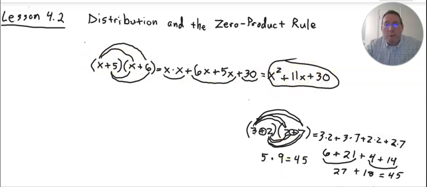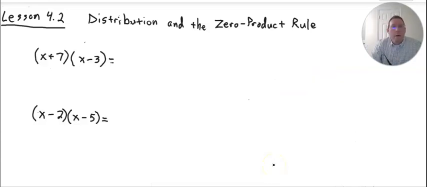I think we should do a couple more examples that are just like that. Okay, let's multiply these. X plus 7 times x minus 3. So we're going to do x times x, that's x squared. Then x times negative 3, that's minus 3x. Then 7 times x, that's a positive 7, so plus 7x.